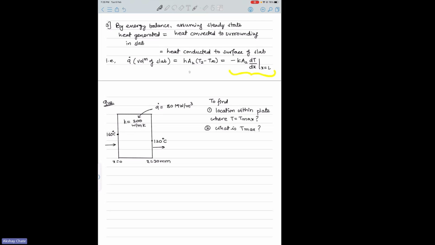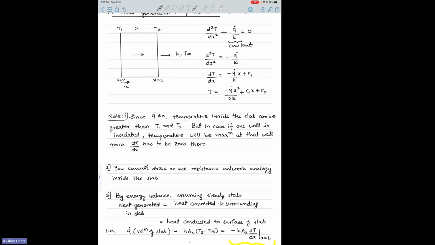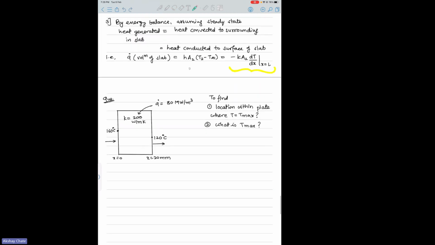Again, you can refer to these equations. We can use this equation, because that's the temperature variation that we can directly use. So we have T equals minus q dot x square by 2k plus c1 x plus c2, correct?